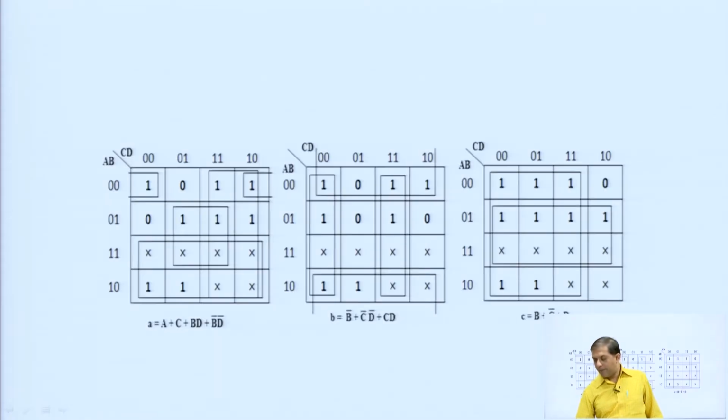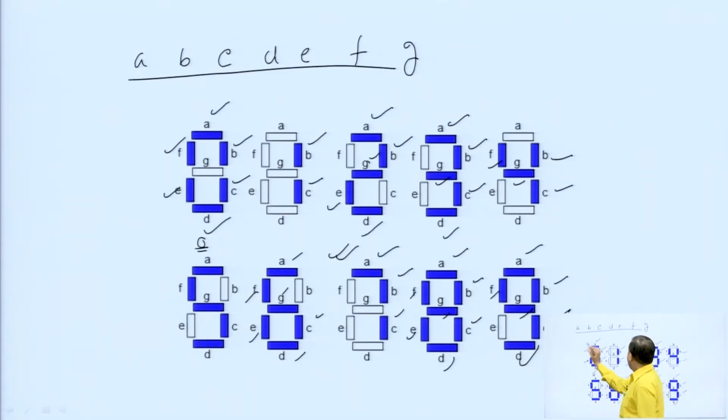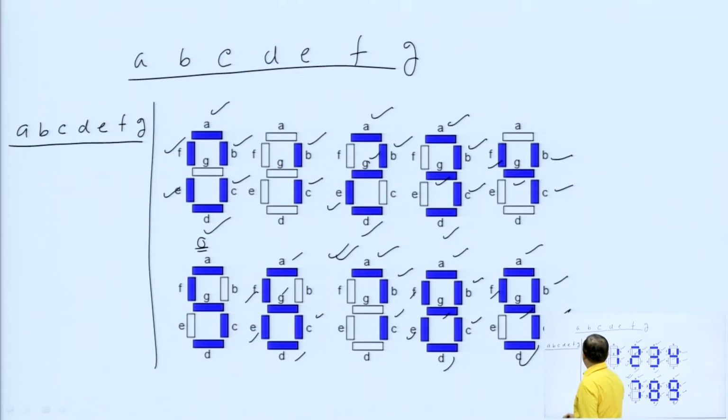So, for displaying we are having this, you can check. If we write a truth table, A, B, C, D, E, F and G, if we write like this. Okay.